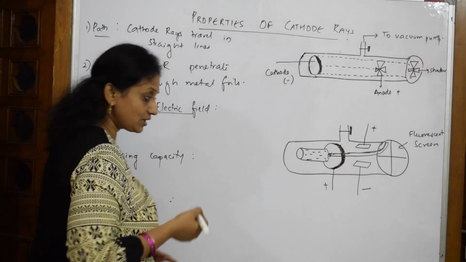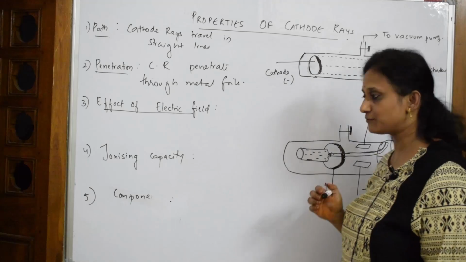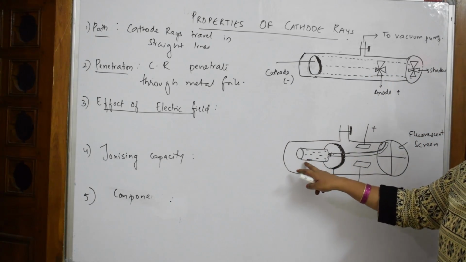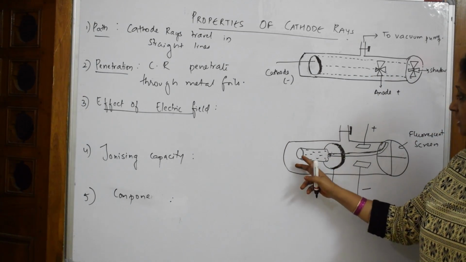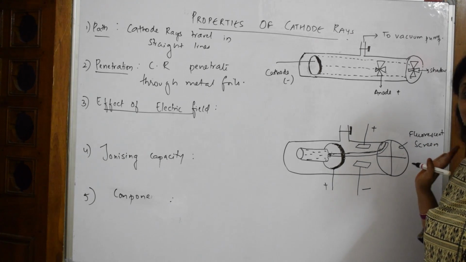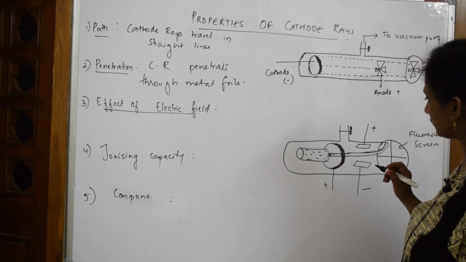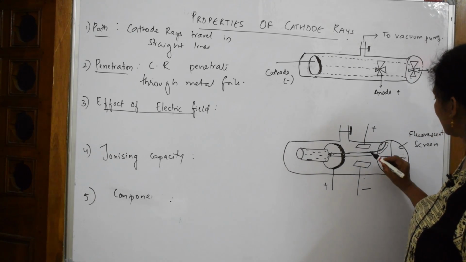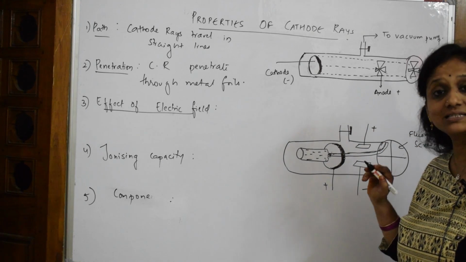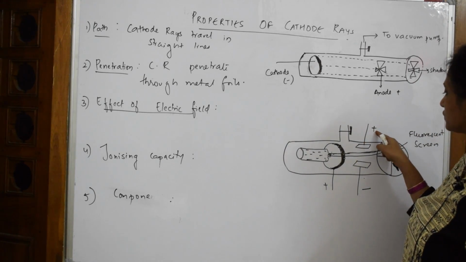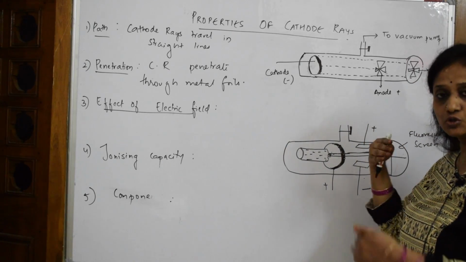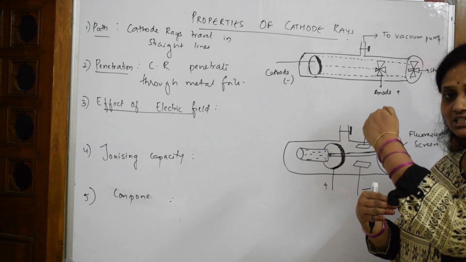To show the effect of electrical field, again a small diagram. They've taken the glass discharge tube. One side is the cathode, the other side is the anode. But one important thing, here they've connected an external circuit with two plates, one positive electrode and one negative, connected above and below.